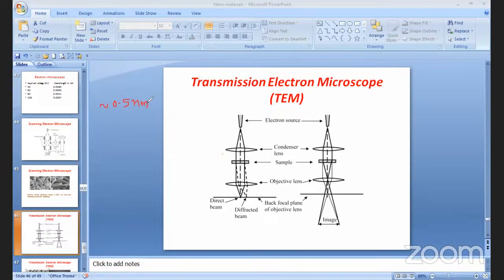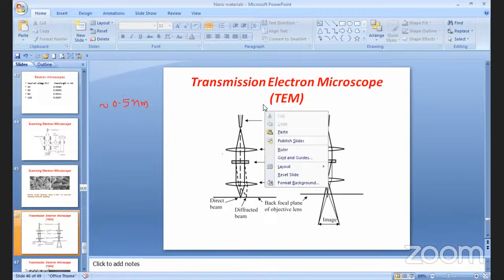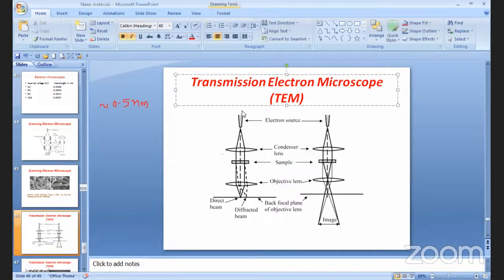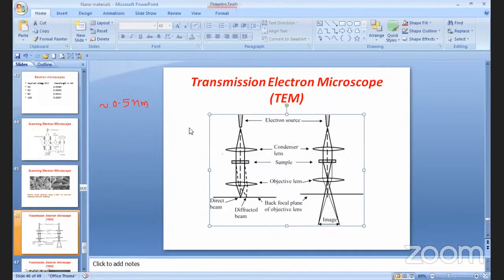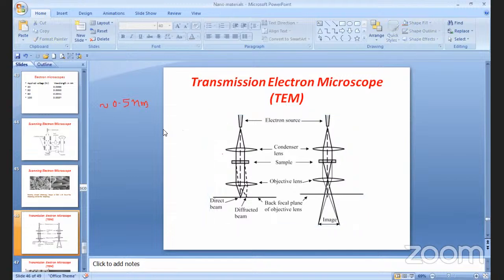So it is ideal for investigating the nanomaterials, and it gives very high resolution, better than 0.5 nanometers.